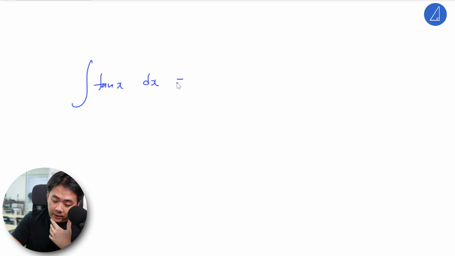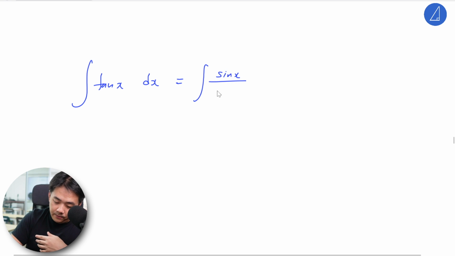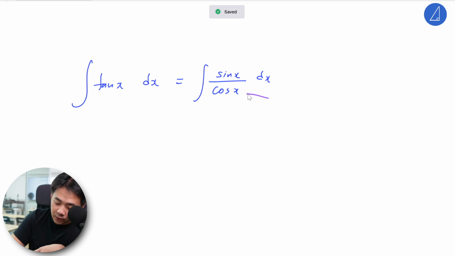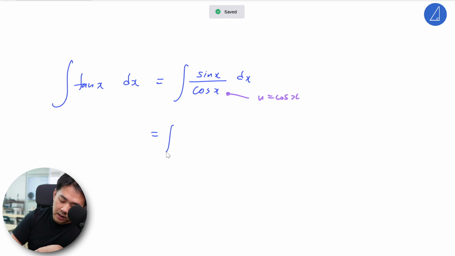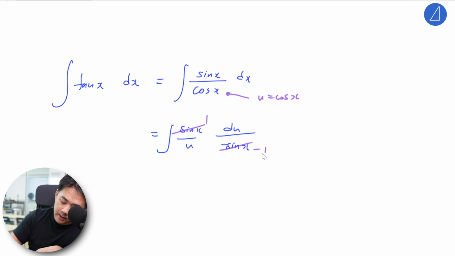So this one, if you want to solve this, you just break it down to cosine x, like that, dx. Okay, then you get this guy to be your u equals cosine x. So du dx will be what? This guy will be sine x, because you make this u, du, differentiate cosine will be negative sine. So cancel this out. Will be actually negative 1 over u du.